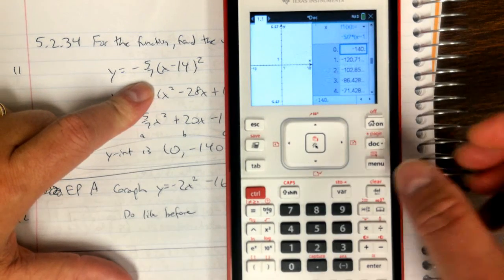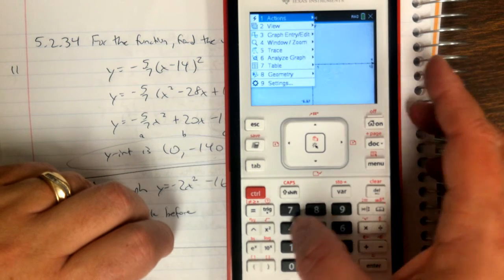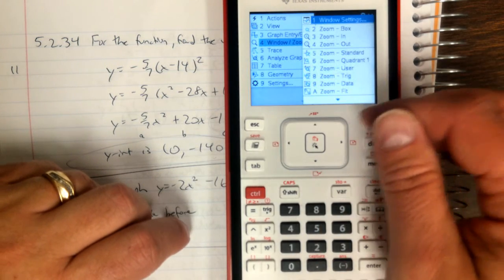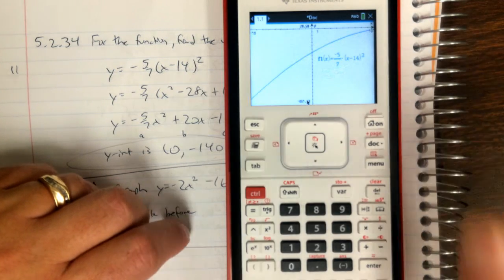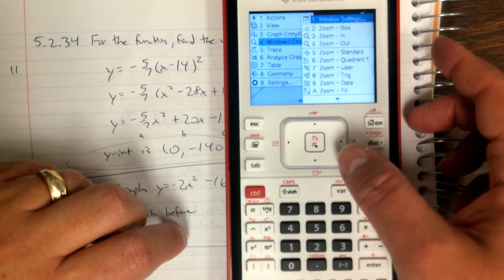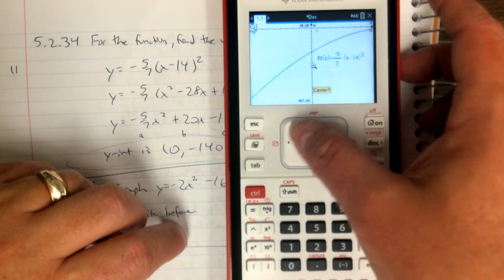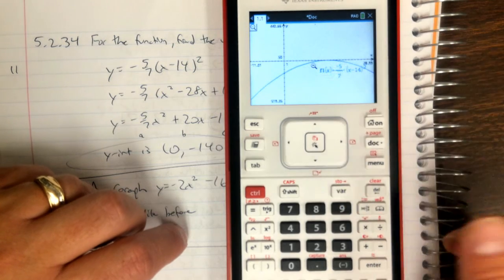Even though the screen is blank, you would have to mess around, like Menu 4A for zoom fit, then move over to the right and so forth, or zoom out, Menu 4. So there you go.